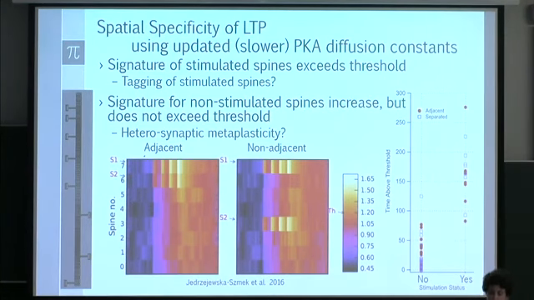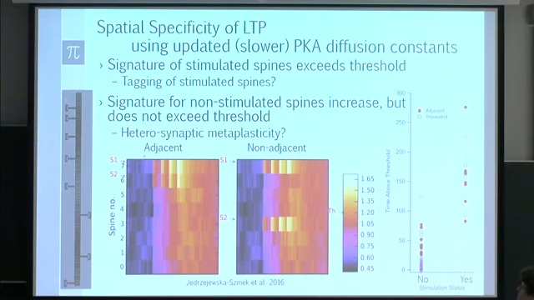Okay, so we repeated our simulation, and now we've got this morphology, and we're stimulating either these two spines or this spine and I think this spine. So one question is, are we going to see an elevation in the signature of all of our spines or just some of our spines? And does that depend on whether the two stimulated spines are adjacent to one another or non-adjacent?